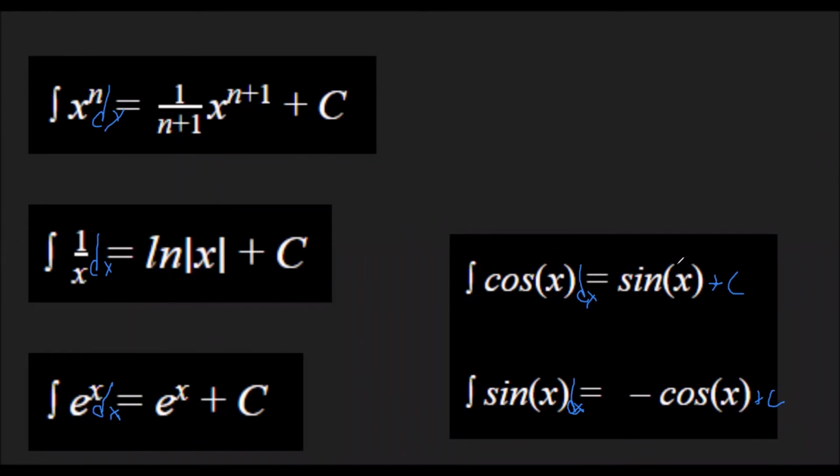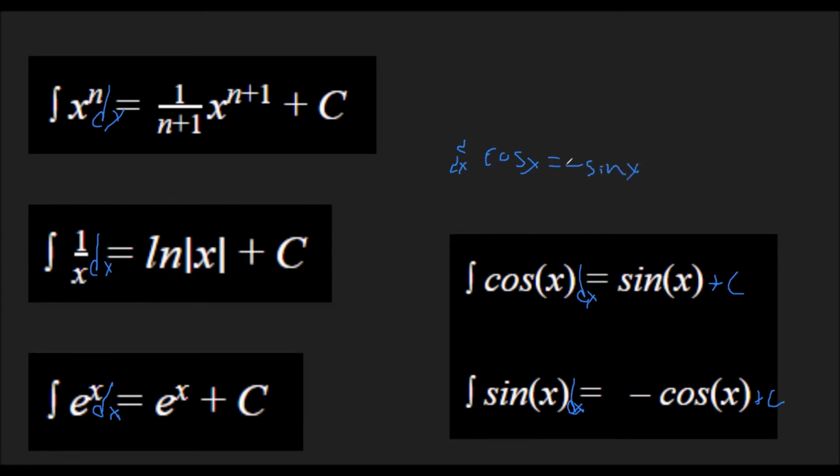Over here, we can see that the integral of cosine of x is equal to sine of x plus c. The reason behind this being the derivative of sine of x is equal to cosine of x. Now the integral of sine of x is equal to negative cosine of x. And this is because if you were to differentiate cosine of x, you would end up with negative sine of x.